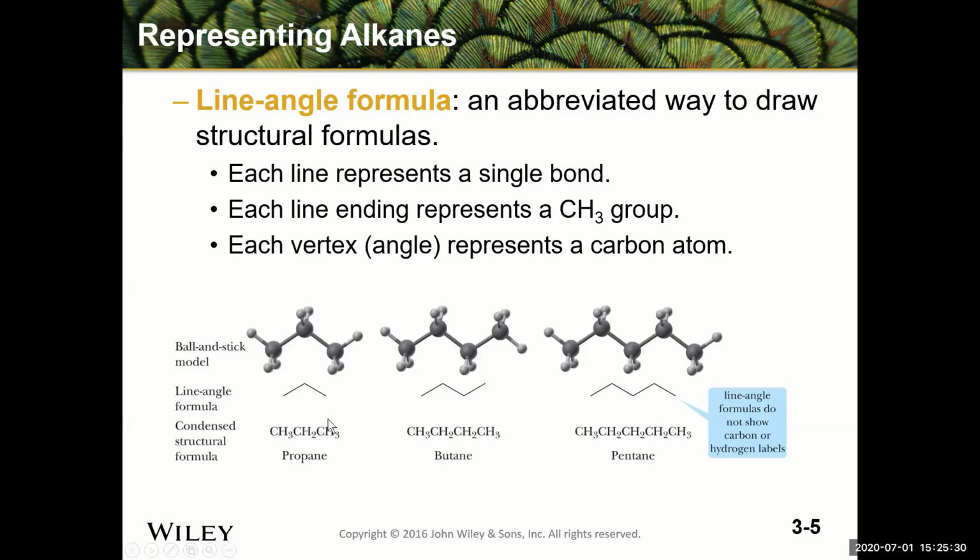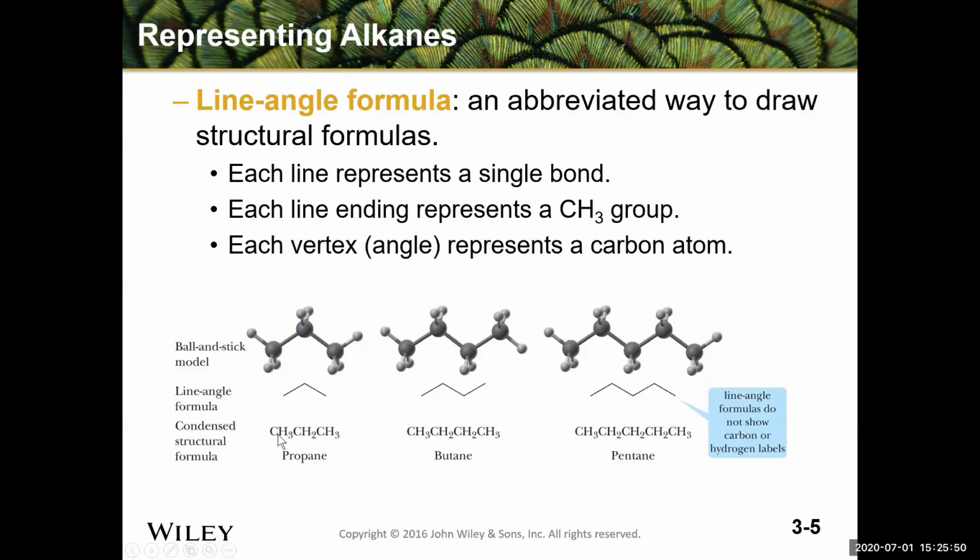Now, another way to draw the structure of these compounds in organic chemistry is through something called condensed structural formulas. So what we do is we draw each carbon as a unit with its bonded hydrogen atoms.